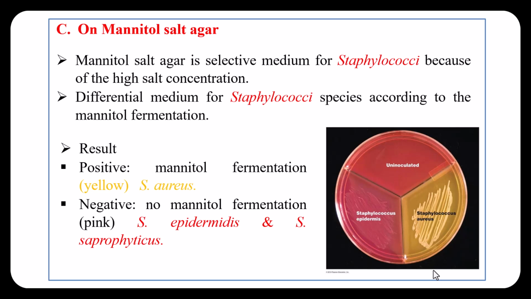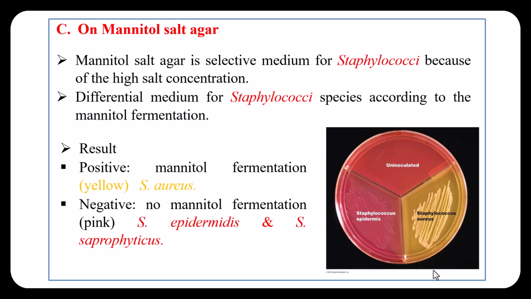It contains a high salt concentration, and Staph species can tolerate 7 to 10% sodium chloride, while other bacteria cannot tolerate this and cannot grow in this type of media. Why is it differential for Staphylococcus? It is according to mannitol fermentation.